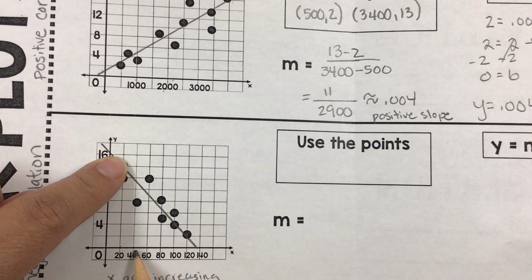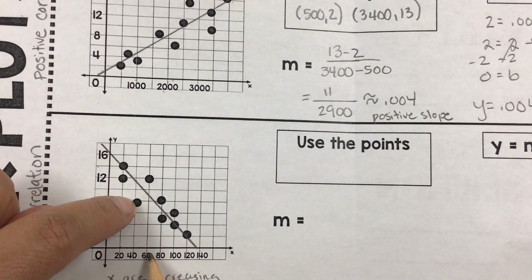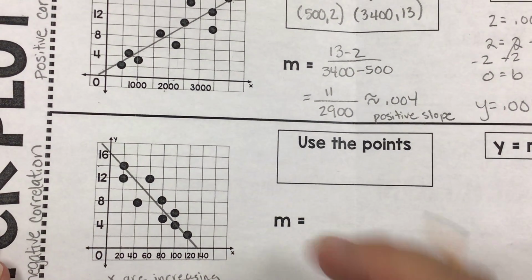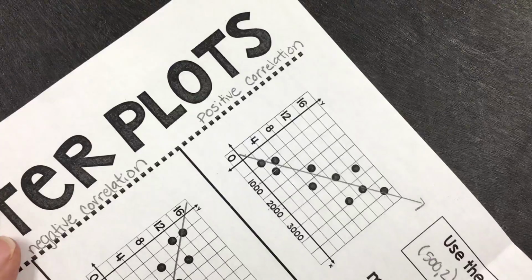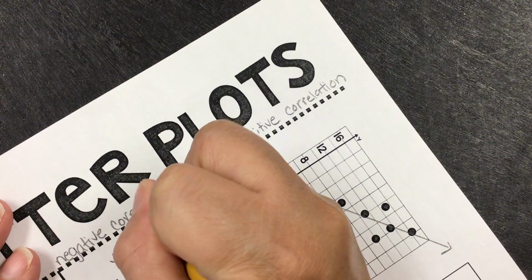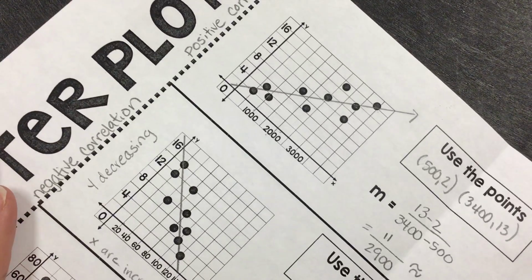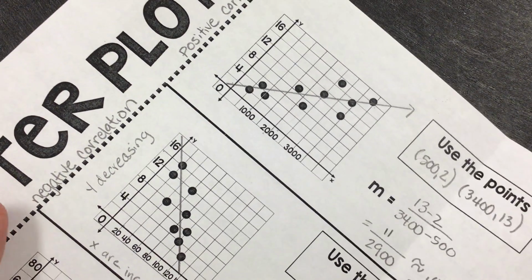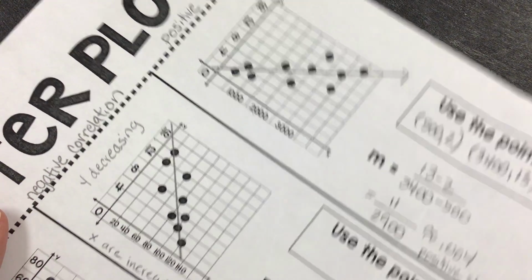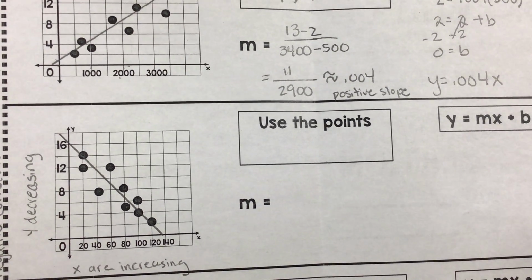And then if I go to 40, it goes all the way down to maybe 7. And if I keep going, my y values are decreasing, while my x values are increasing. Still making it a negative correlation.